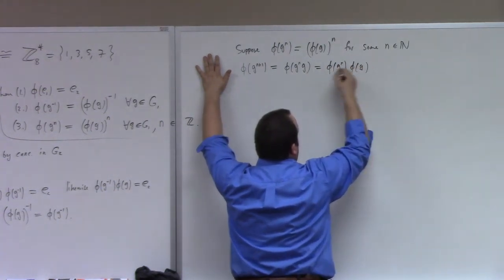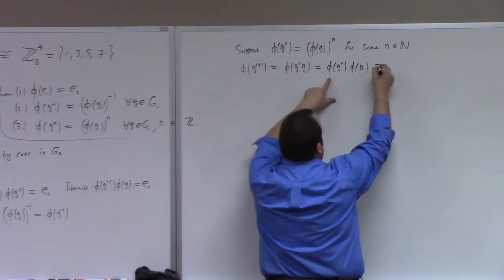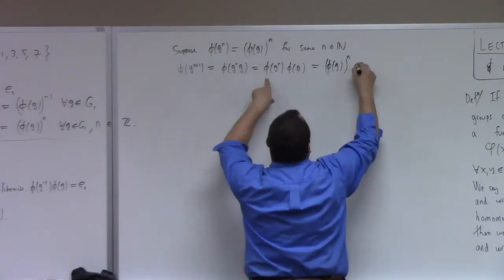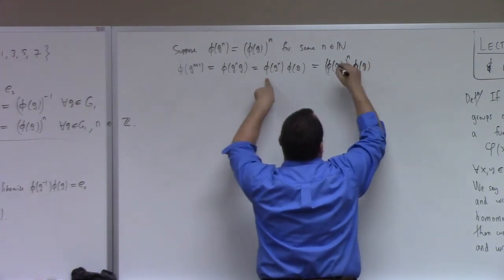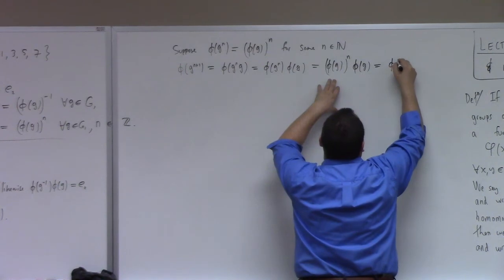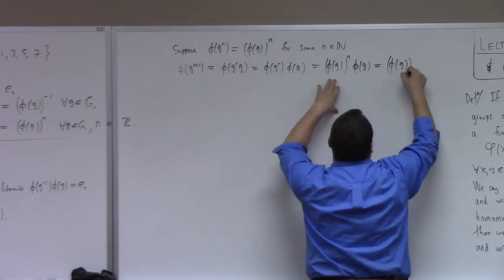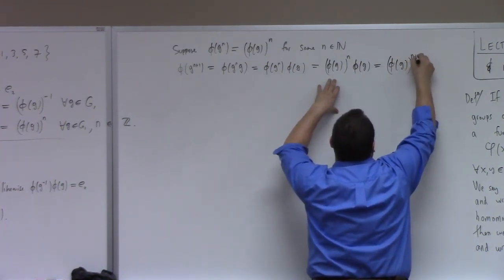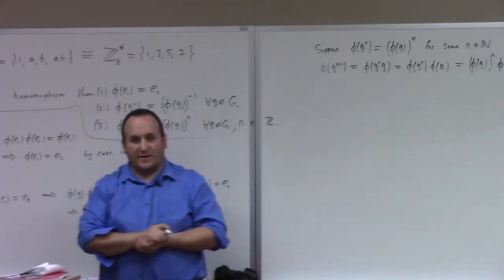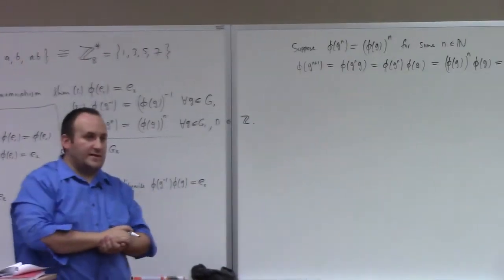But by the induction hypothesis, this is phi of g to the n times phi of g. My phis are degrading, sorry about that. And then again by laws of exponents, or the definition, depending on how you started your discussion of exponents. There you go. So that proves by induction that this identity is true for positive n.